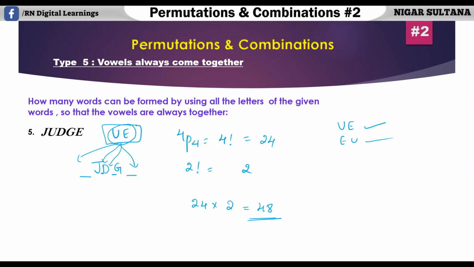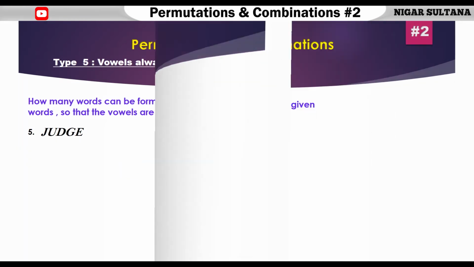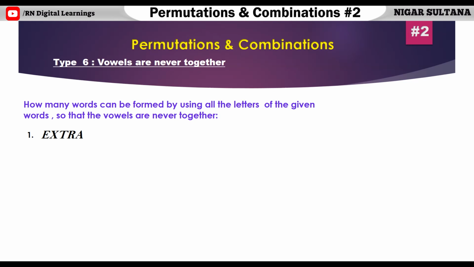Now let's see the last type, that is when the vowels are never together. So how can we say that vowels are never together? See, we have vowels like E and A. In our previous type we have seen that E and A should always be together, but here the condition is they should not be together.